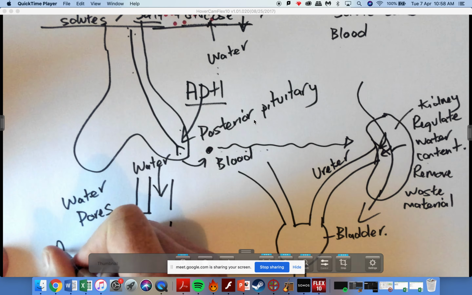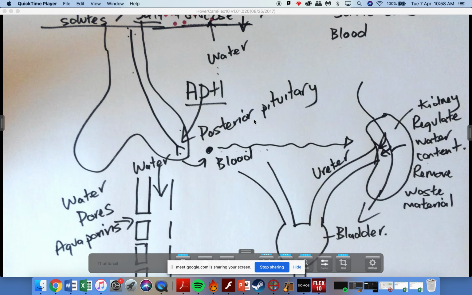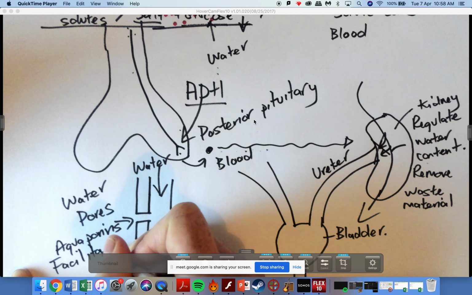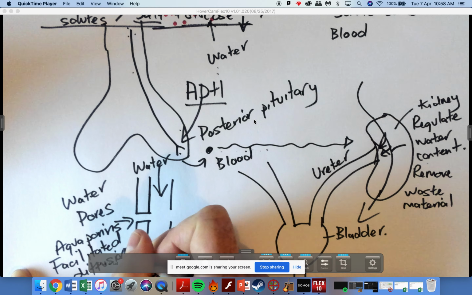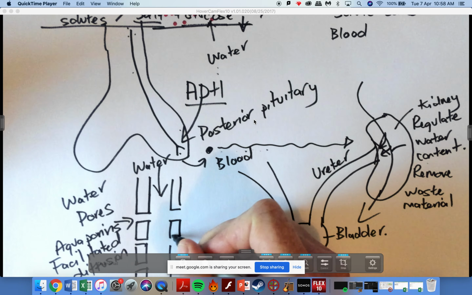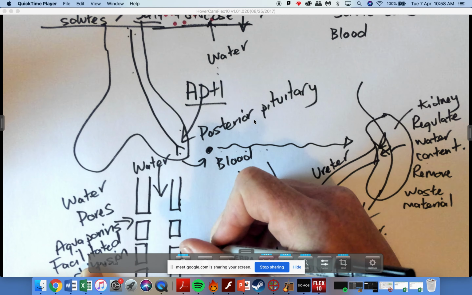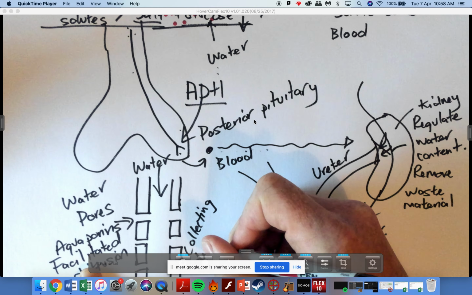They are called aquaporins. So the aquaporins are facilitated diffusion channels. And this bit here is called the collecting duct.